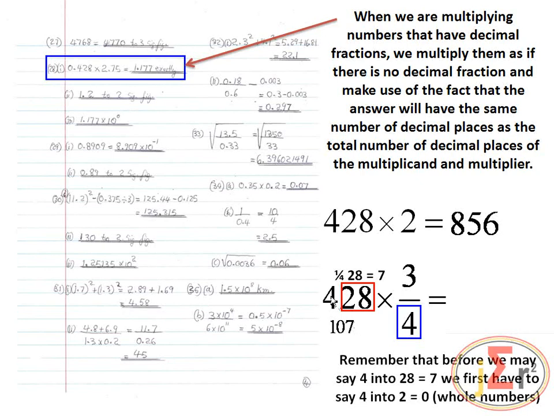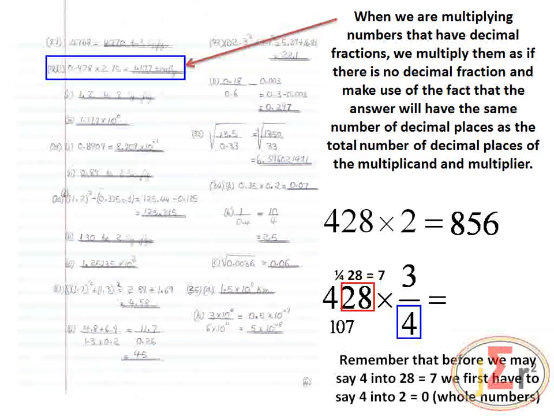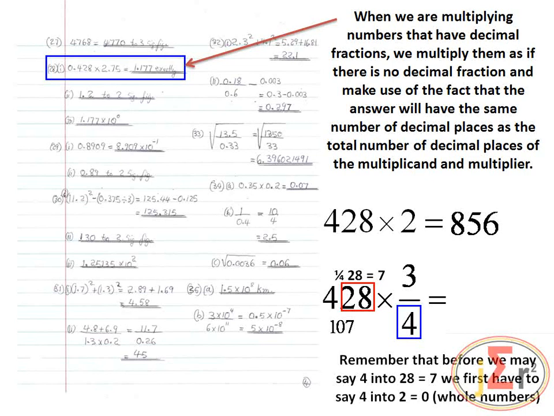So we say 4 into 4 is 1. 4 into 2, no whole number of times. And then 4 into 28 is 7. So remember that before we may say 4 into 28 is equal to 7, we first have to say 4 into 2 is equal to 0.